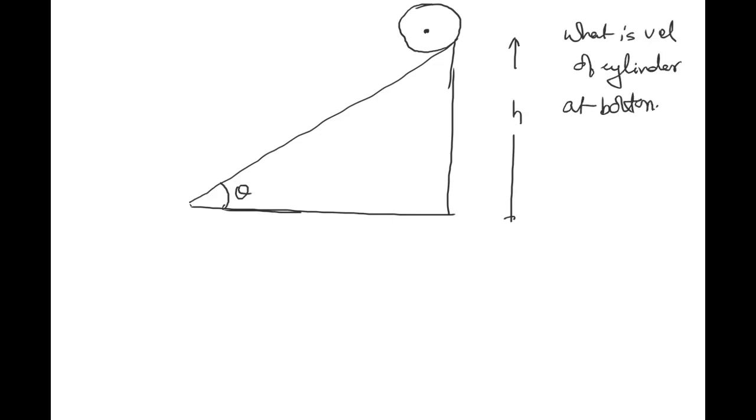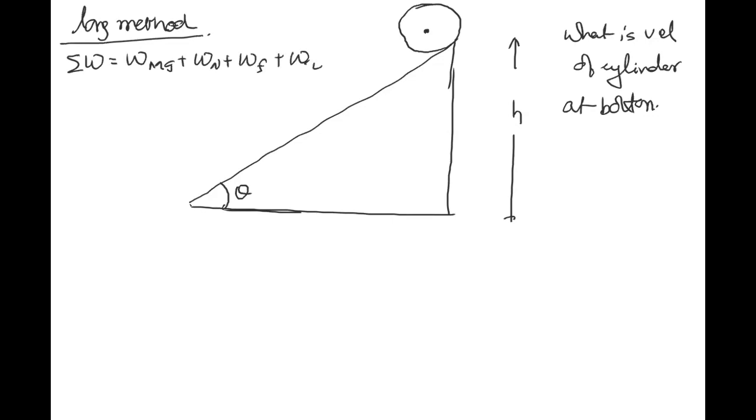Okay, please see the long method. We have been doing this already. Summation of work is equal to work done by mg plus work done by normal reaction plus work done by friction plus work done by torque due to mg plus work done by torque due to normal reaction plus work done by torque due to friction. This will come out to be, when you calculate, plus mgh.